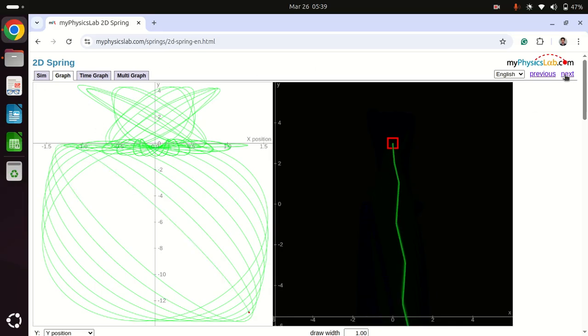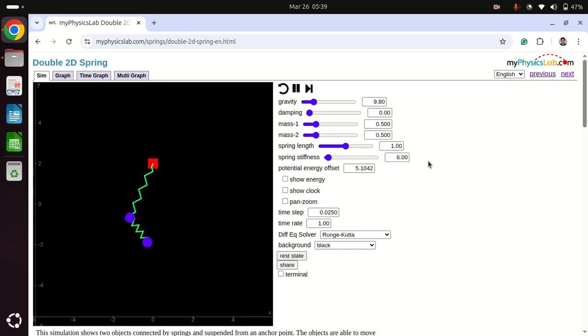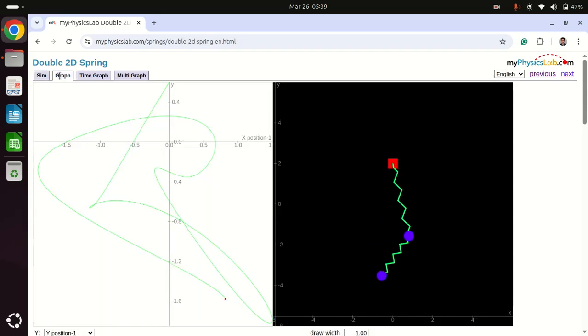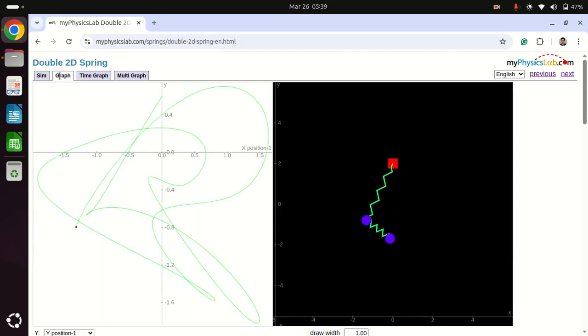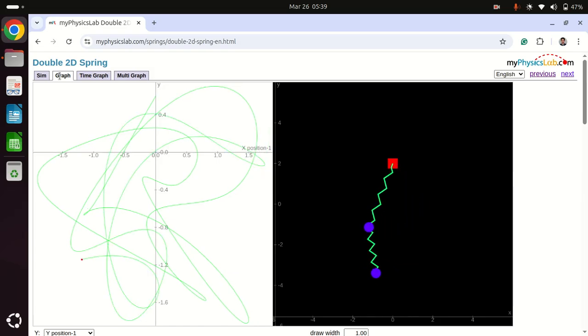Then we will go to the next from here itself, and that is double 2D spring. You can see. Now this looks like chaotic oscillations.